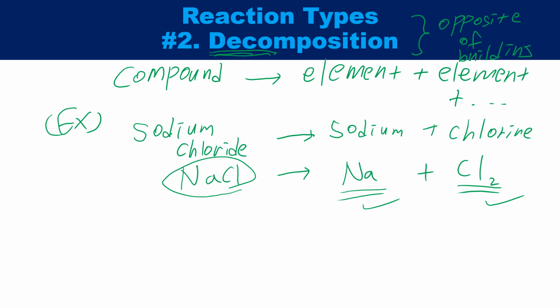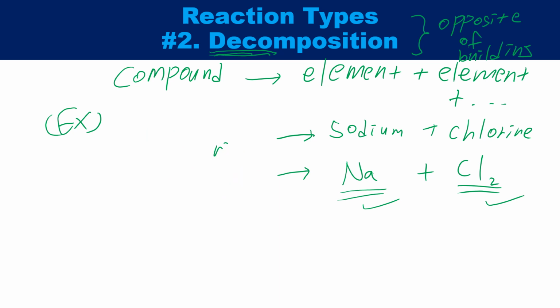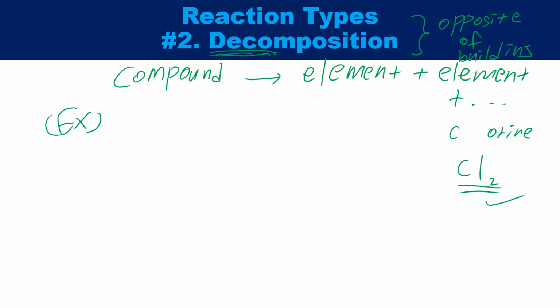Ionic compounds are easy sometimes. However, if you think about molecular compounds, it is a little tricky. Let's go with an example of a molecular compound. Let's say you have ethanol.